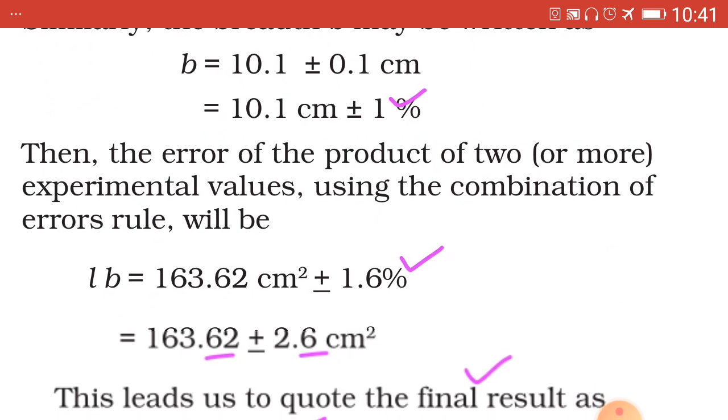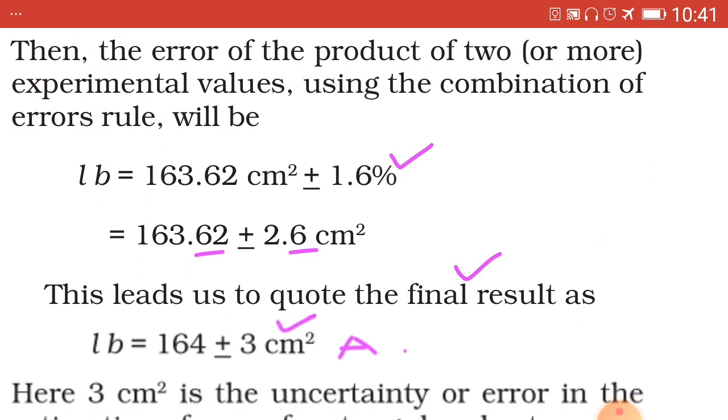Now multiplication of L and B of above equal to 163.62 centimeter square plus minus 1.6%. Here how do you get 1.6%? Simple multiplication, 16.2 into 10.1, which will be equal to 163.62. 0.62 because in the case of L there is one decimal place, and in the case of B also one decimal place, so totally two decimal places have to be written, that is 0.62.